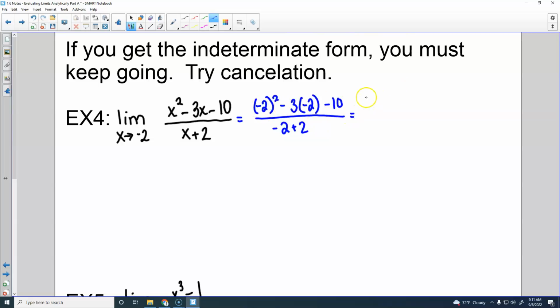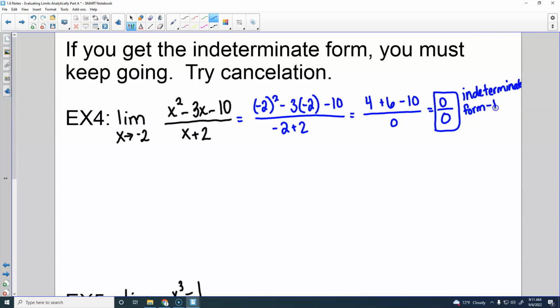That is going to give us 4 plus 6 minus 10 over 0, so we get 0 over 0. And again, that is called the indeterminate form. It's not our answer. Maybe I shouldn't have put that box around it. We need to keep going.